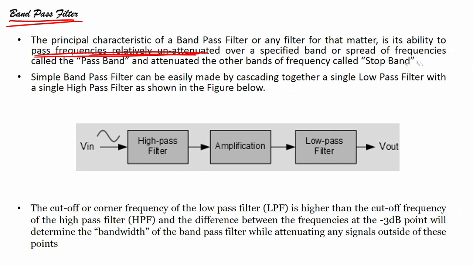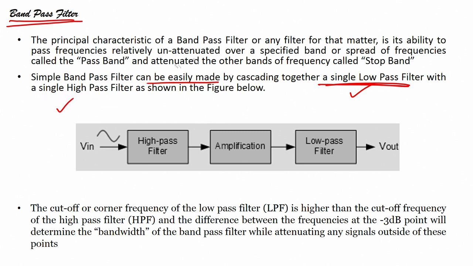Now, a simple band pass filter can be easily made by cascading a single low pass filter with a single high pass filter. Super easy. If we know how the low pass filter circuit is, and how the high pass filter circuit is, then by cascading them we can design a band pass filter.